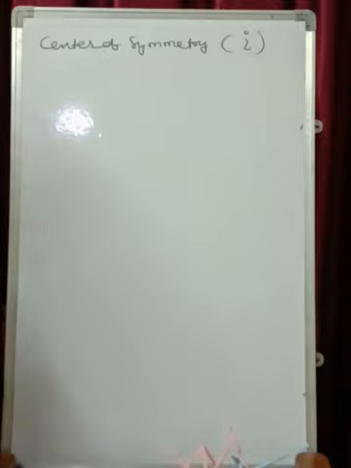The center of symmetry tells us that from the center of the molecule, if similar groups are matching at equal distances in opposite directions, then we say the molecule has a center of symmetry.